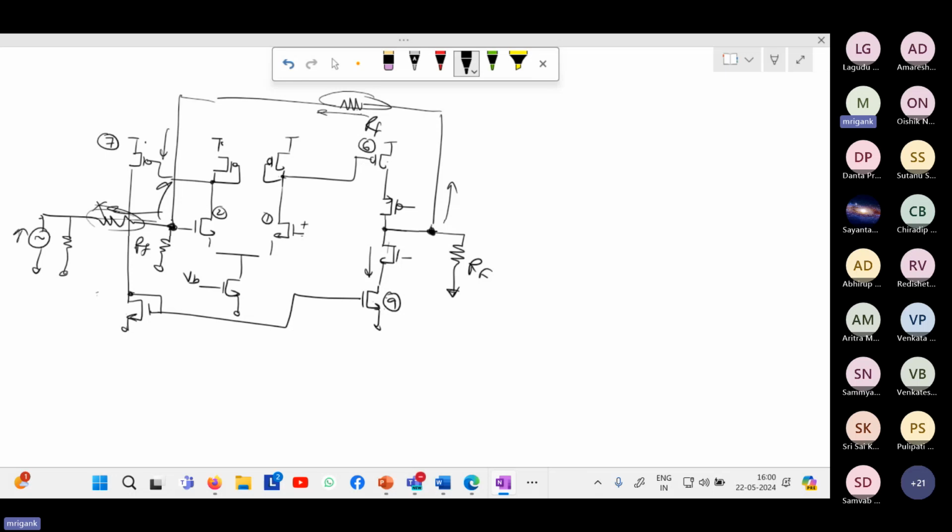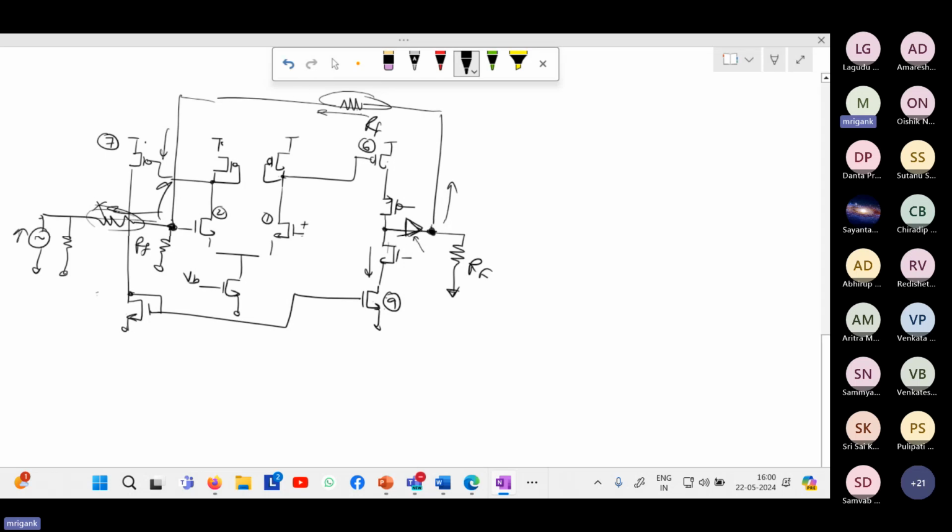So anything else apart from the loading effect? Anything else? So the question was, if you put a buffer over here in between, like a common drain stage or buffer stage, its output impedance itself is very low, and as a result, you are not going to affect the loop gain.